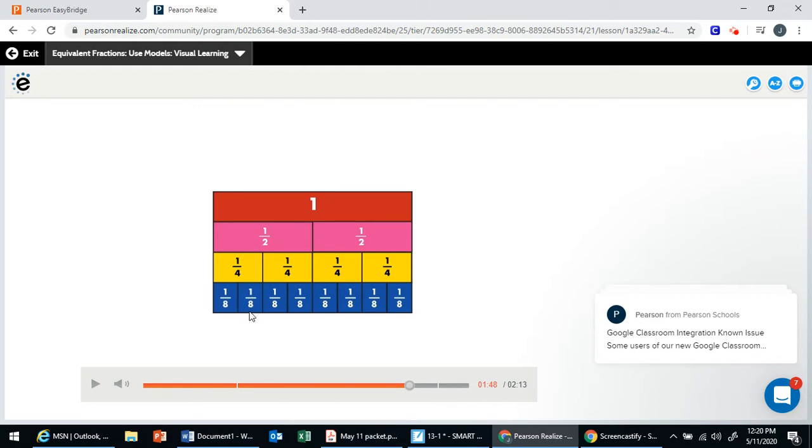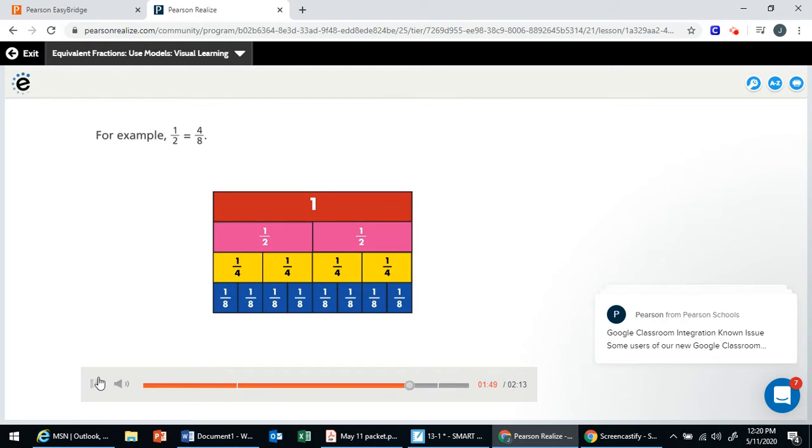I'm going to give you about 10 seconds. So 2/8, 1/8 plus 1/8 is equivalent to 1/4. So if I shaded this in, it would be the same up to this one. 1/4 and 2/8 are equivalent.